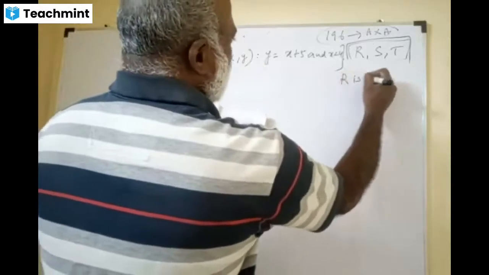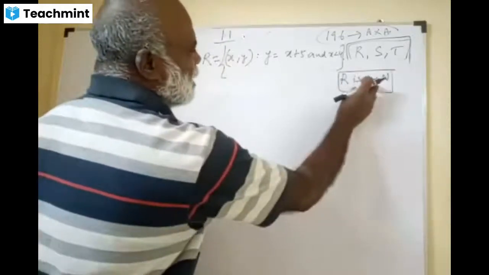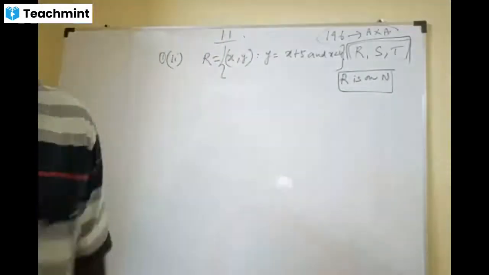R is on N. N means what? Natural numbers. Relation is on natural numbers.